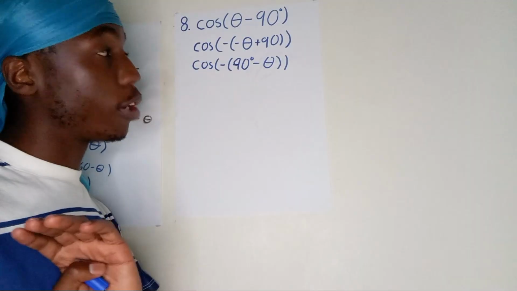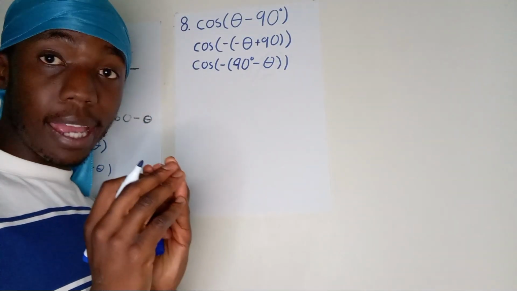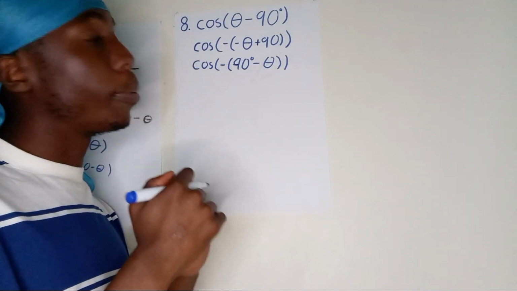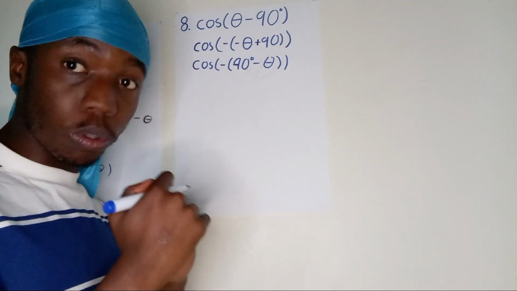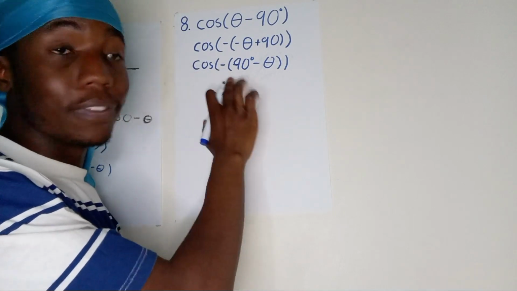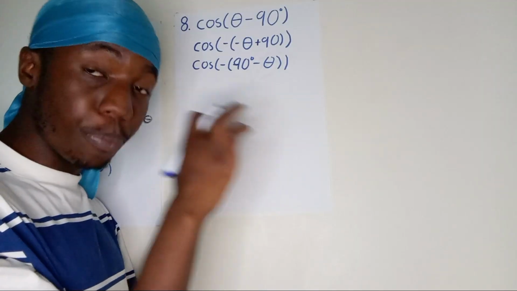Hold on. I don't know if you remember previously we had that one question where it was cos and a negative theta. I remember back in high school, my maths teacher told me it's always a common rule: whenever there's a negative angle for cos, the negative disappears and cos automatically becomes positive. Let me repeat that.